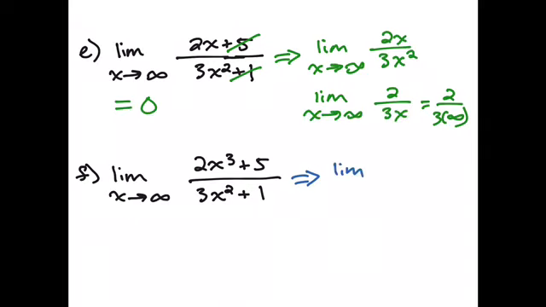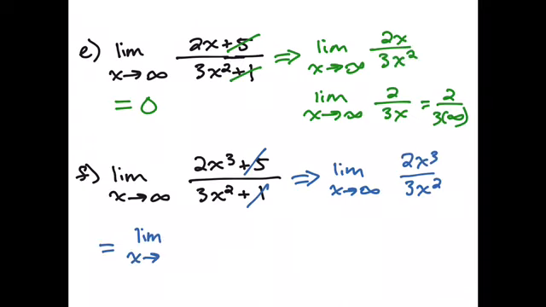So what does this one look like? The 5 and the 1 are insignificant. 2x cubed over 3x squared simplifies to 2x over 3.